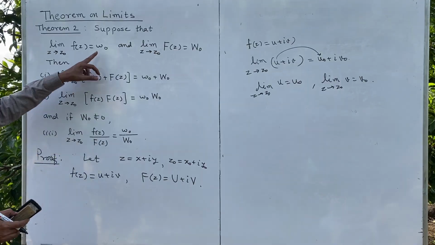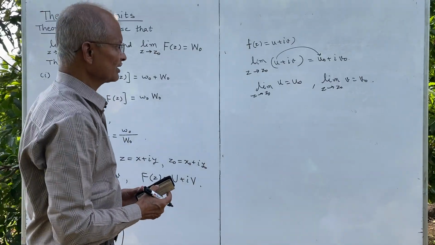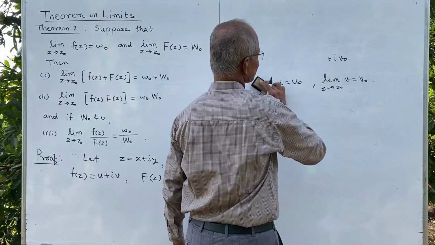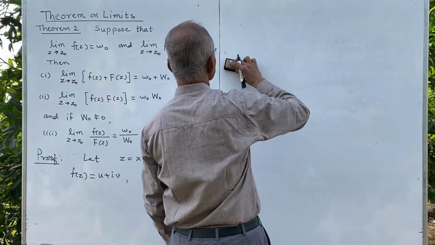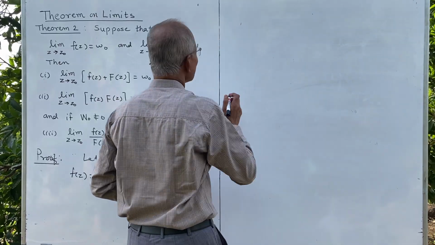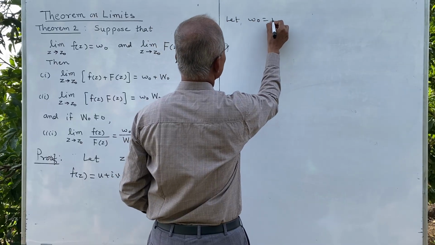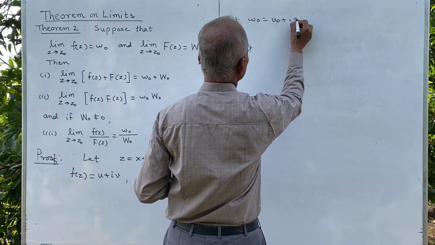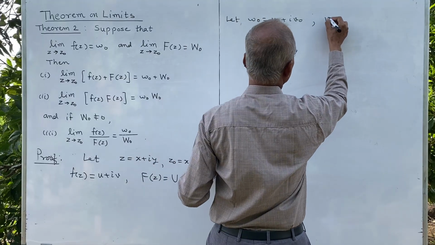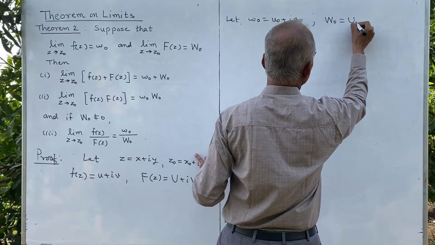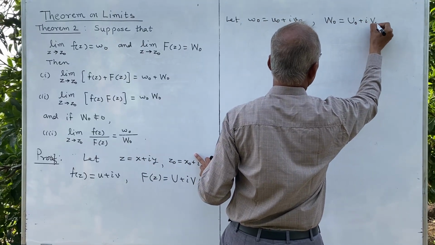Further, we will express the limits in this form. Let small w naught be equal to u naught plus i v naught, and capital W naught be equal to capital U naught plus i capital V naught.